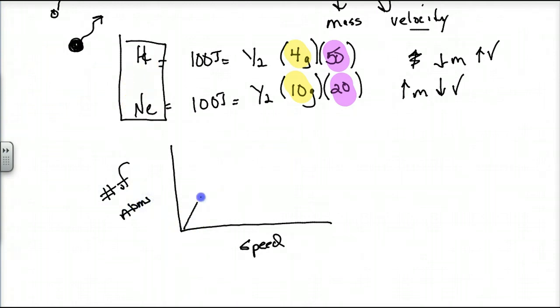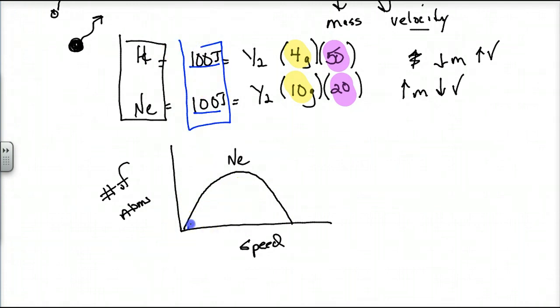This would be the distribution of speed for neon, and remember, this is the same temperature, because they have the same average kinetic energy. So at the same temperature, this would be the distribution for helium.